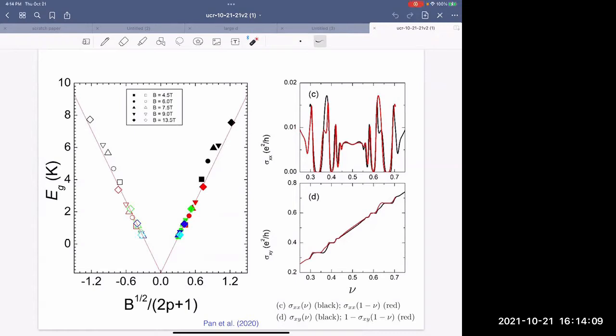This symmetry also appears to be observed if you look at the energies of excitations in nearby fractional quantum Hall states. I talked about nu equal 1/3 being related to nu equal 2/3, and the excitations there appear, to high accuracy, to be the same for these particle-hole related states.